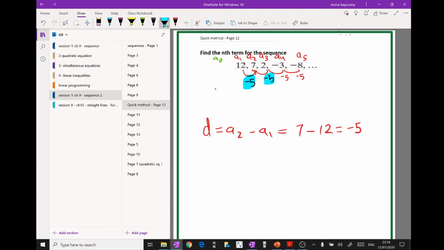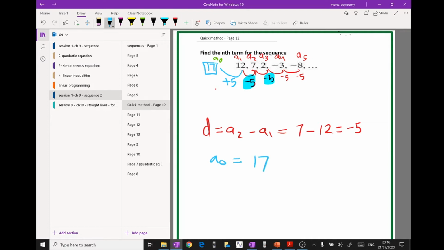Negative 3 minus 5 is negative 8. To find the zero term, you have to inverse the operation. There, we subtract 5. Now, you have to add 5. 12 plus 5 is 17. So A0 is equal to 17.